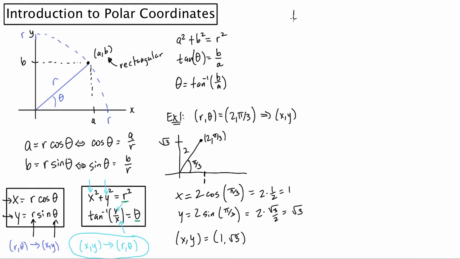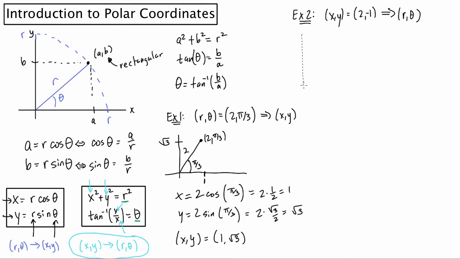All right, let's look at a slightly harder one here, and that is going in the opposite direction. If we were to go in the opposite direction, a good one to look at would be the point xy equals (2, -1), and I want to convert this to polar coordinates r and theta. Once again, I want to look at a picture.